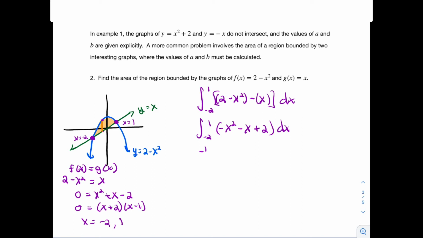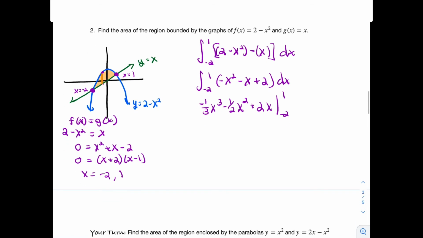Then let's integrate this and evaluate this definite integral. Replacing every x with 1, I just end up with -1/3 minus 1/2 plus 2. And then replacing every x with -2, I end up with 8/3 minus 2 minus 4.